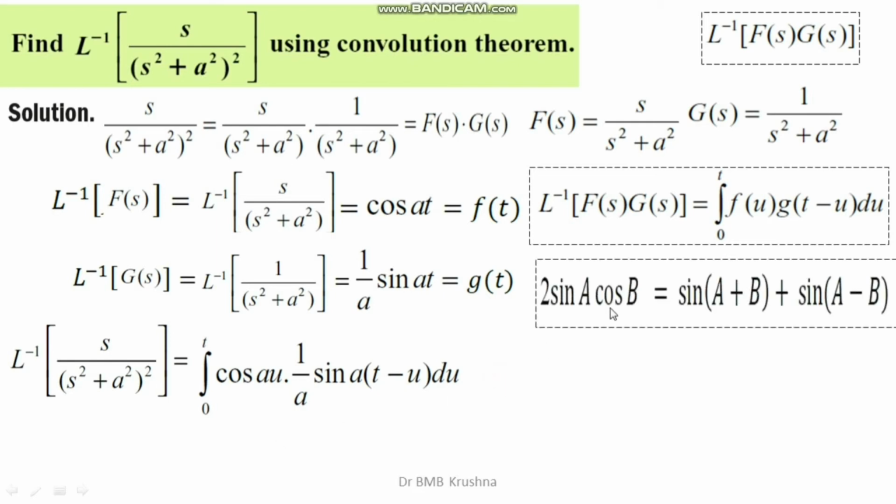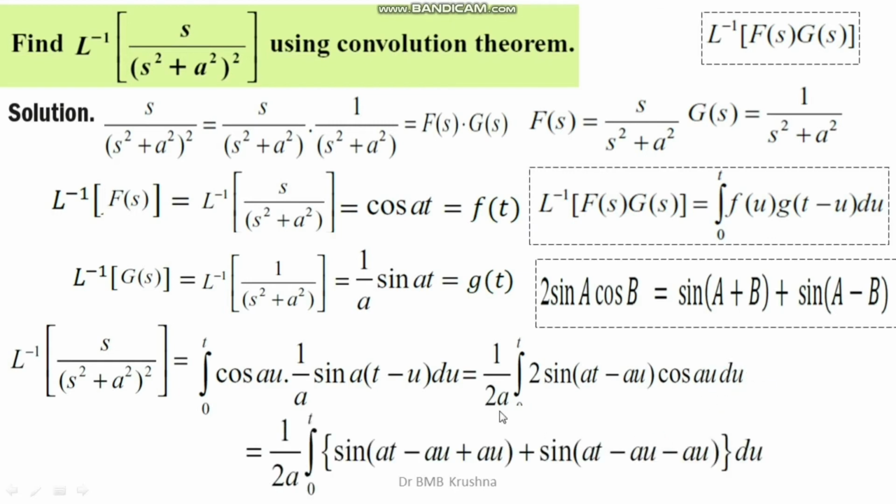You need to know that 2 sin A cosine B is sin of (A plus B) plus sin of (A minus B). Use this trigonometric relation, without loss of generality, multiplying with 2 and dividing with 2. It became 1 by 2a integral from 0 to t of 2 sin(at minus au) cosine au du. The constant 1 by 2a comes outside.